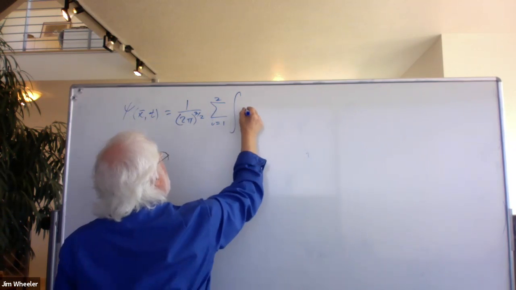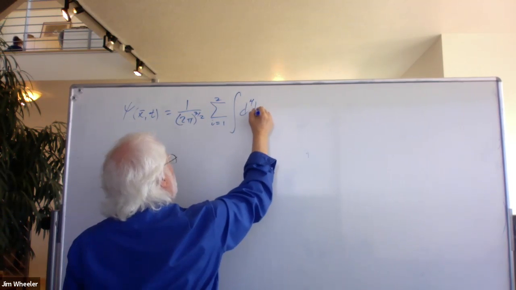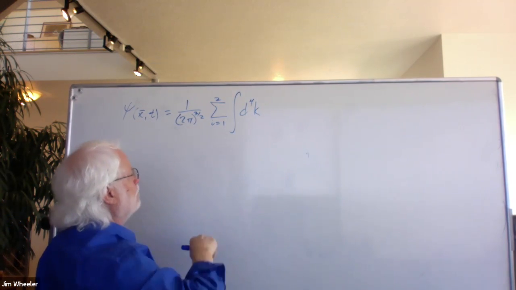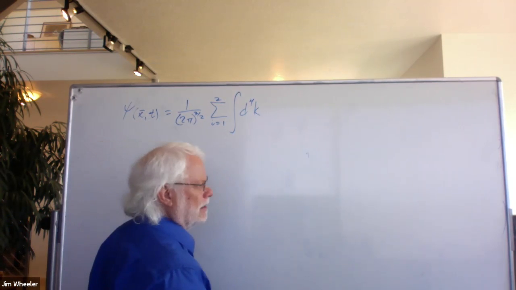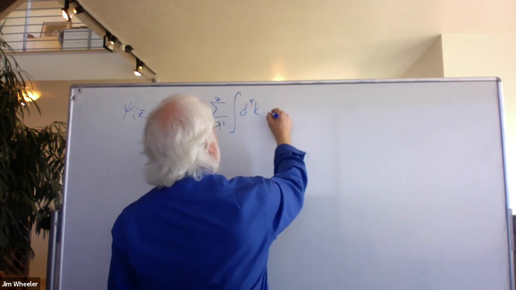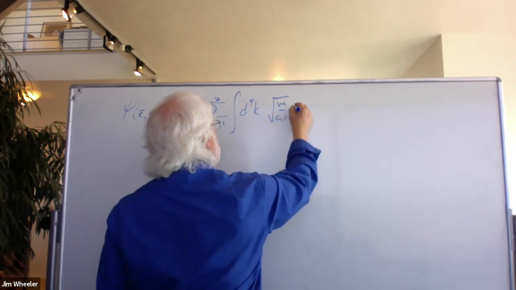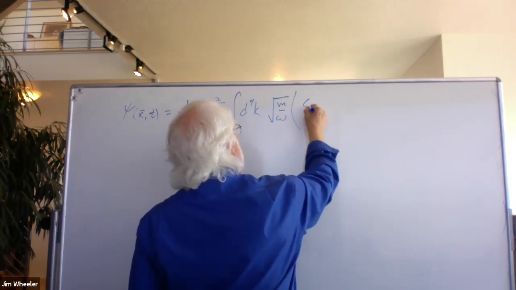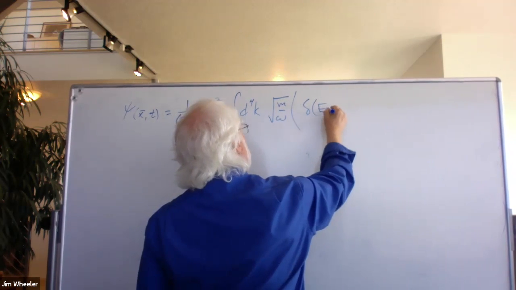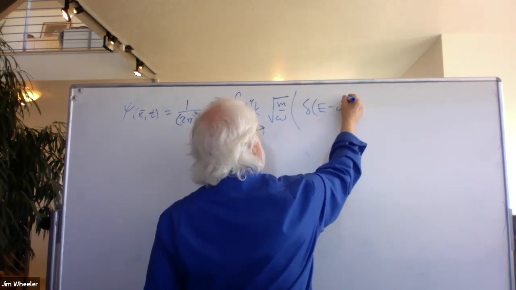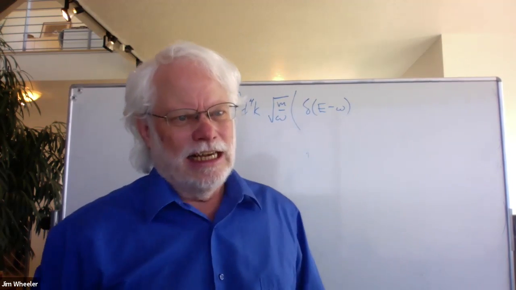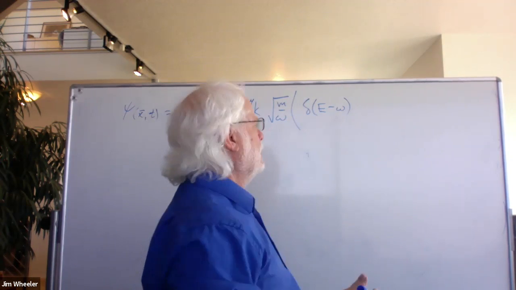Then we have an integral over 4-vector wave amplitudes, then a normalization m over omega. And now we have a Dirac delta function selecting the positive energy states, and those have to be expanded with the u's.